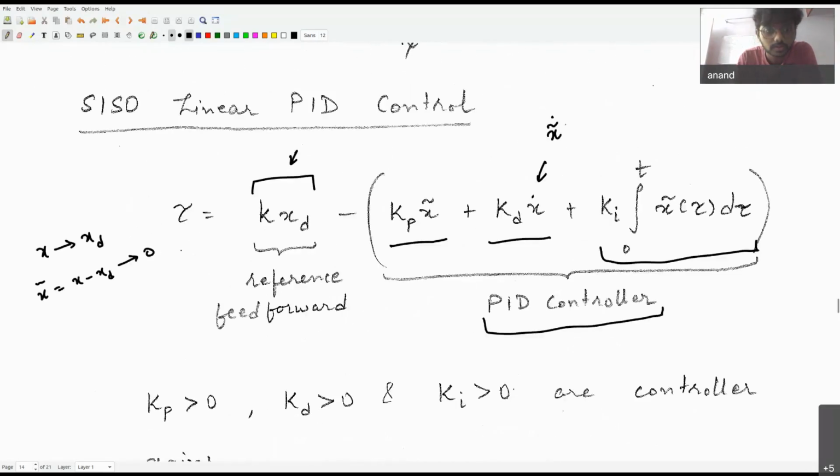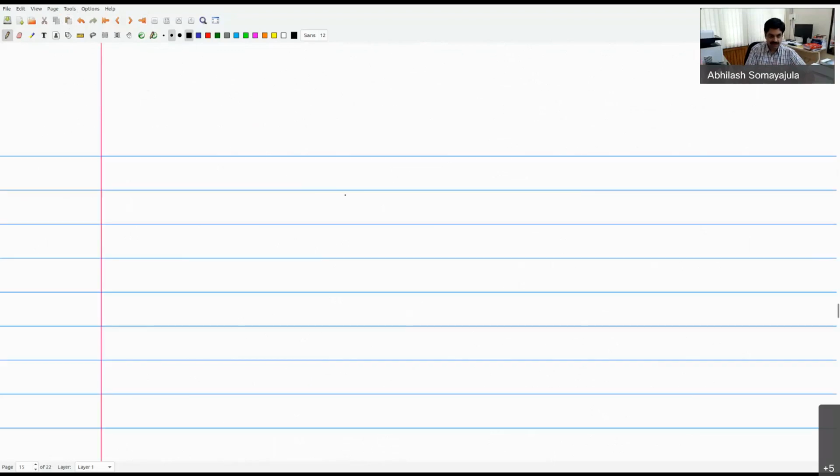Okay. So let us say that this part is not there. Let us say tau is simply given by minus kp times x tilde minus kd times x dot. Now we have our system m x double dot plus d x dot plus k x is equal to tau, correct?